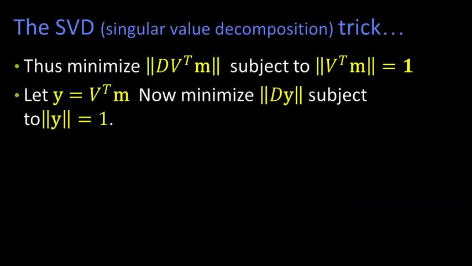So we're minimizing D V transpose M. Let's do a substitution of y equals V transpose M. So now we're minimizing just D y subject to the magnitude of y equals 1, right? Because V transpose M is y, its magnitude has to be 1. Okay, so y is a unit vector.